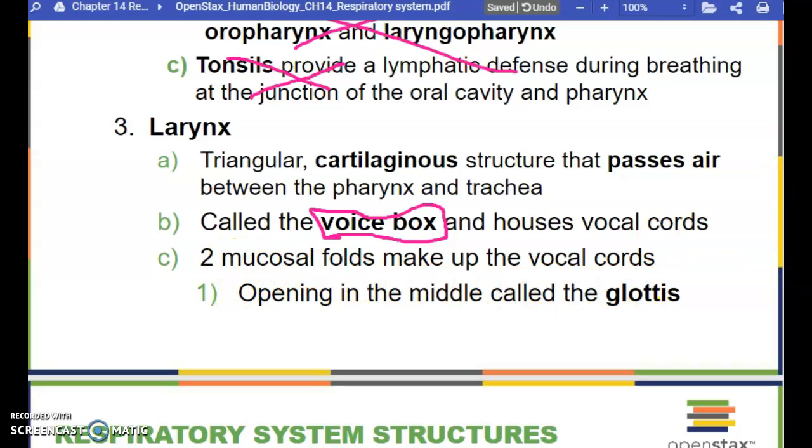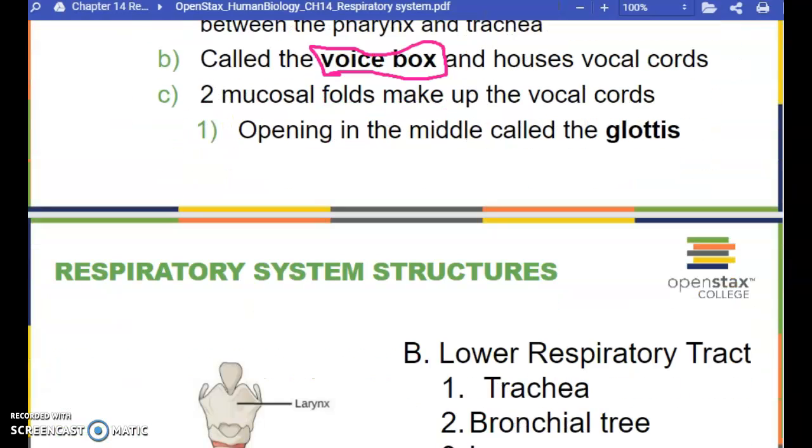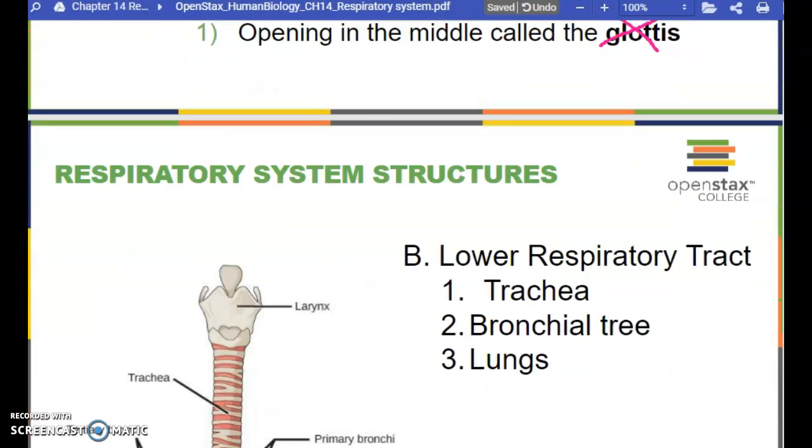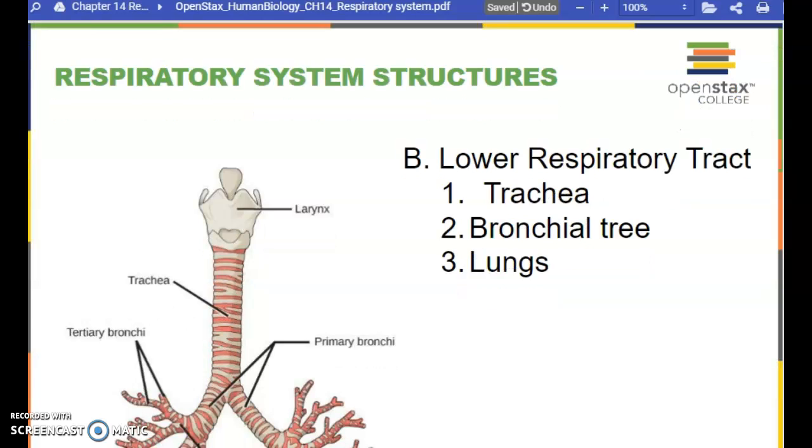The vibration of those folds is what creates sound. We call the opening in the middle the glottis. I don't even care about that right now. I'm just going to ask you a series of questions based on the information that I go through here.